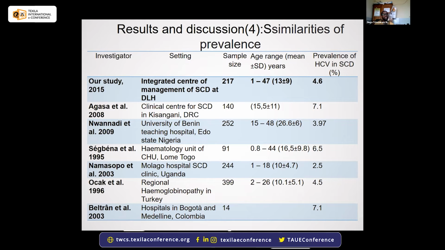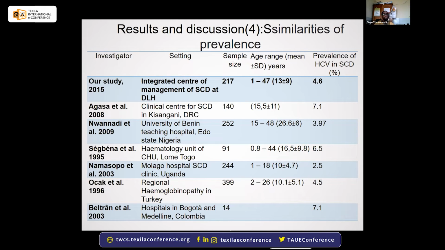This prevalence was less than the 13% prevalence found in the general population in Cameroon, but was in accordance with the 7% that was found in Kinshasa.